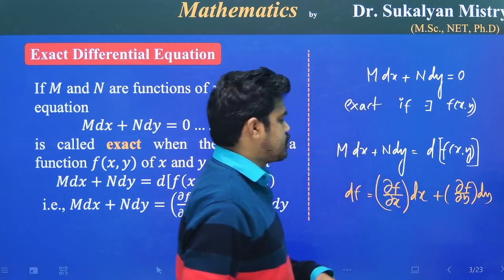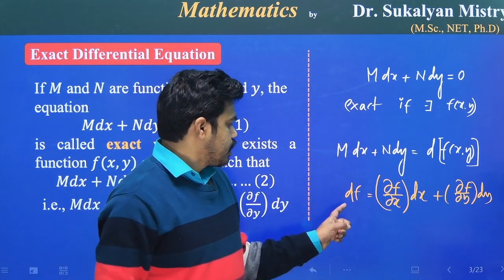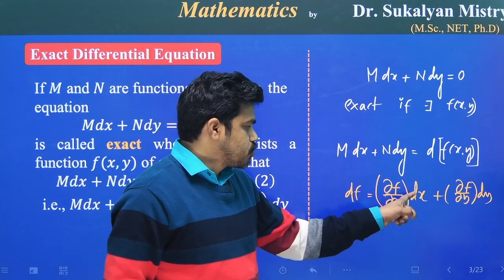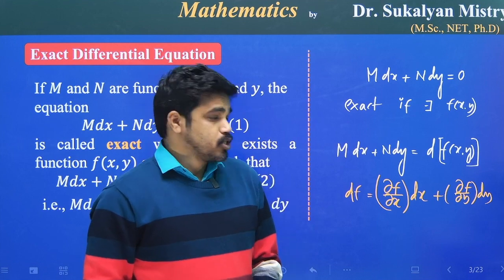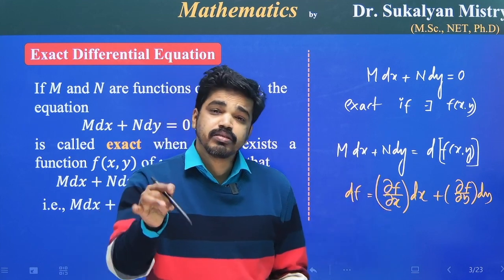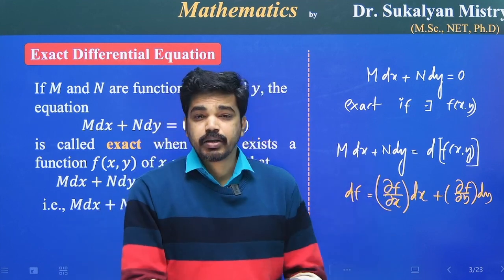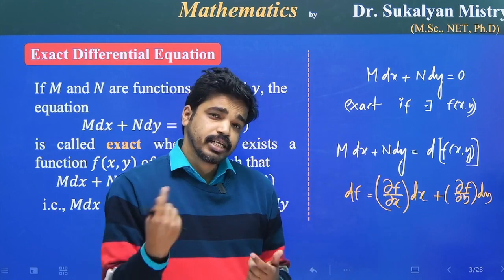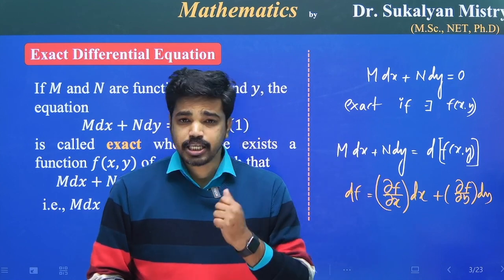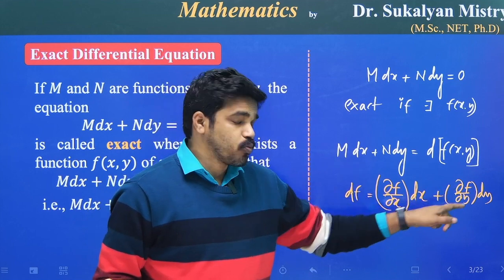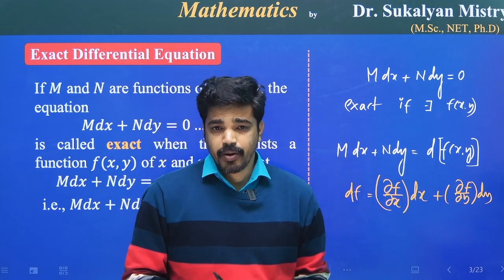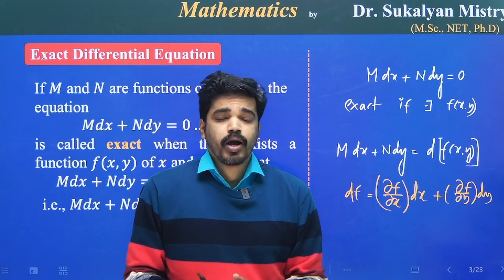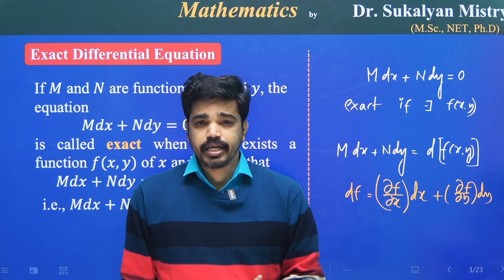Note this, df is equal to del f del x into dx plus del f del y into dy. What is del f del x? It means you are taking the partial derivative of f with respect to x. When taking the partial derivative with respect to x, y is assumed to be constant. Del f del y means you are taking the partial derivative of f with respect to y. When you take the partial derivative with respect to y, x is constant, right?